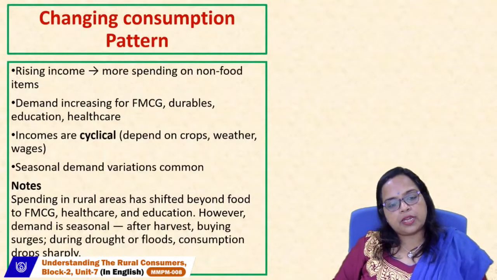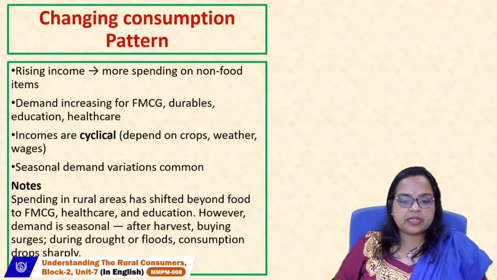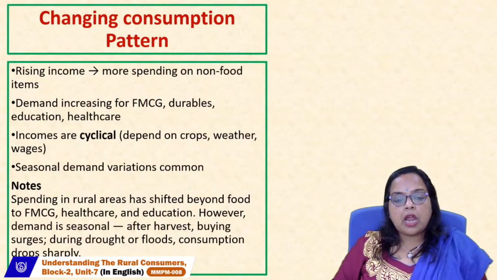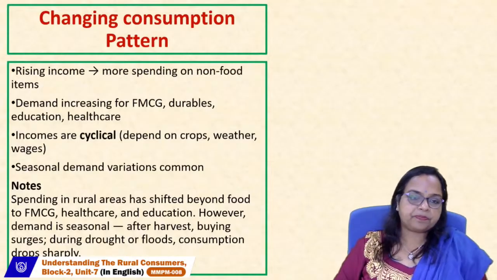Spending is also cyclical. As they have money, they will go to the market and purchase. But for a mobile handset, the purchase will definitely come after FMCG, after healthcare, and after education, because the importance of buying a mobile handset comes after that only, after food, after FMCG only.